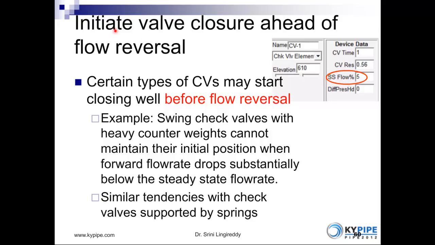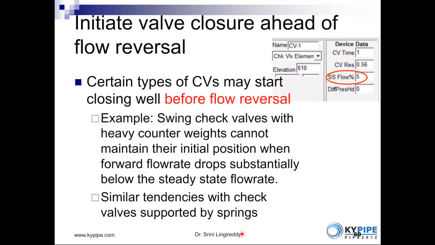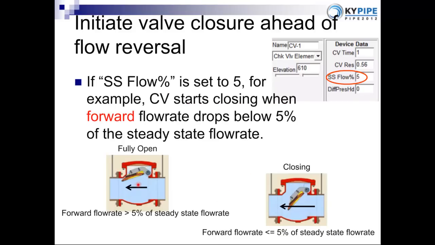Another really nice feature here is that you can initiate the valve closure ahead of flow reversal. Let me go back here. So when you have, for example, a disc and a counterweight on it, the counterweight requires a certain flow velocity to keep it in its position.